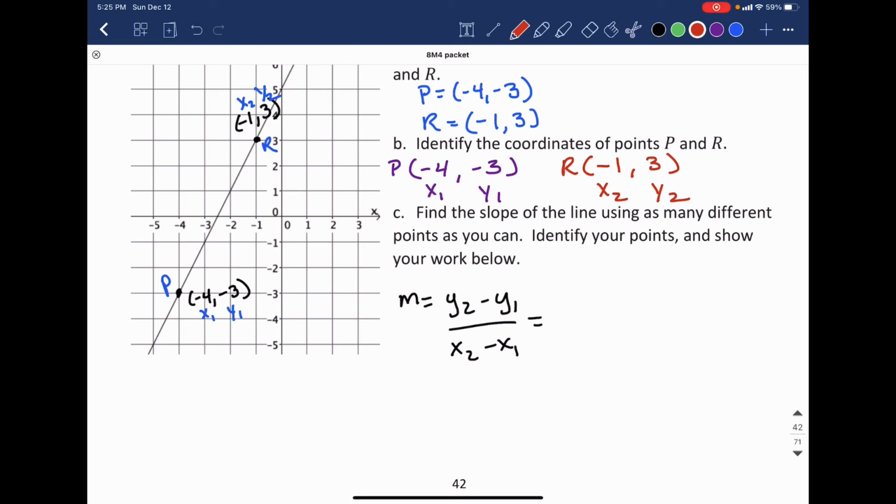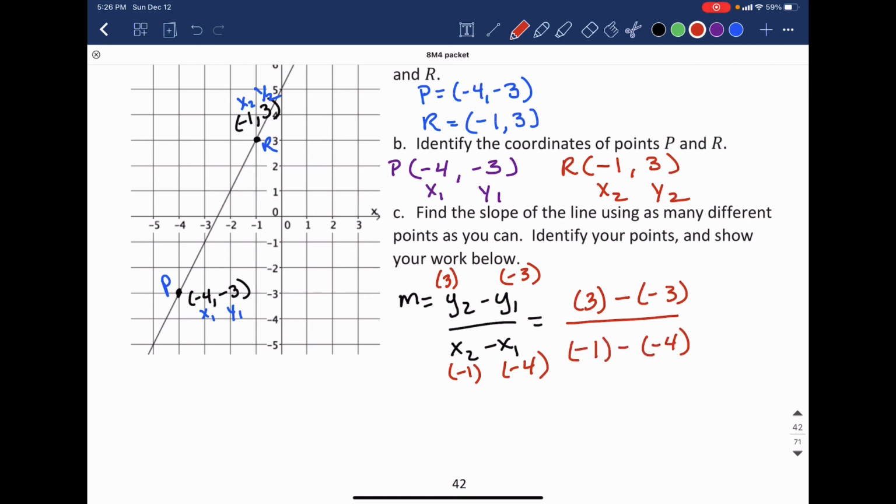So let's make sure we plug it into the equation correctly. So my y2 is 3 minus -3, and my x2 is -1, and my x1 is -4. So we have 3 minus -3 over -1 minus -4.